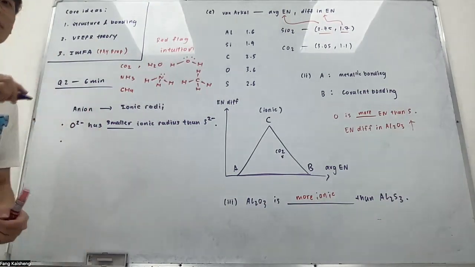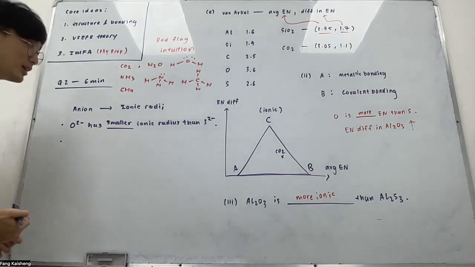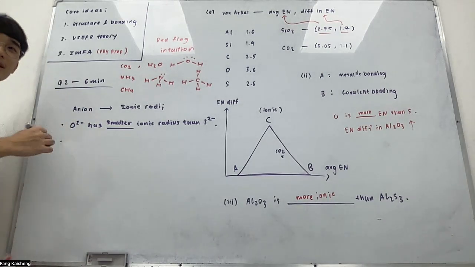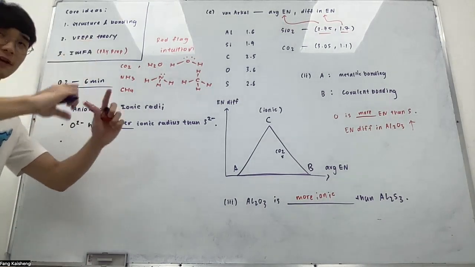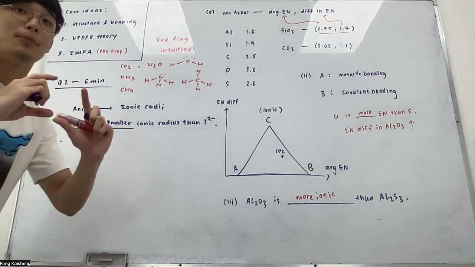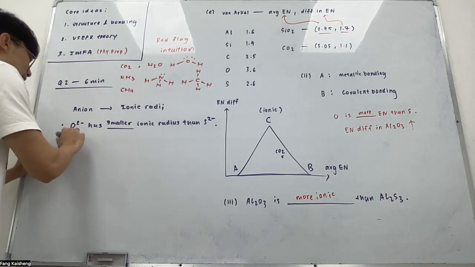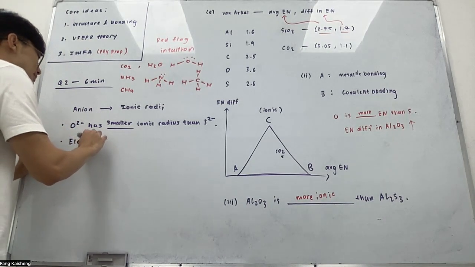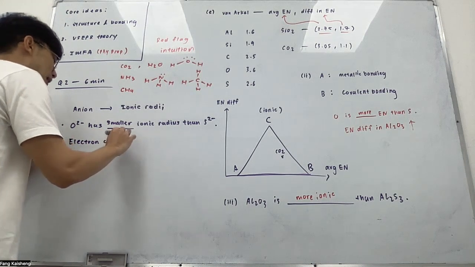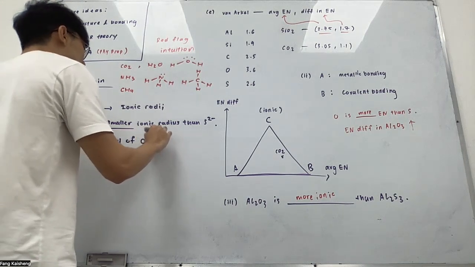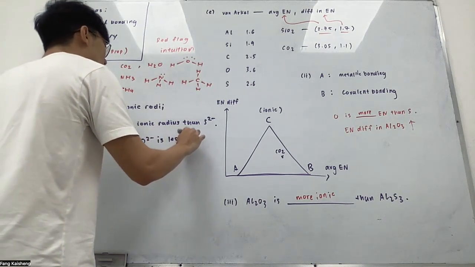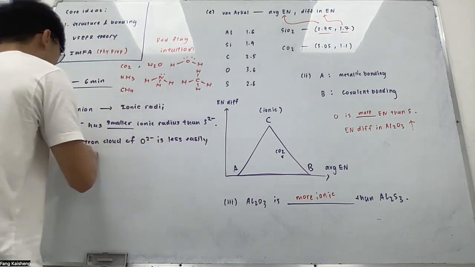Next, if you have a smaller ionic radius, what does it mean? The most important point is that having a smaller ionic radius means the electron cloud of O2 minus is less easily polarized by Al3 plus, the cation.